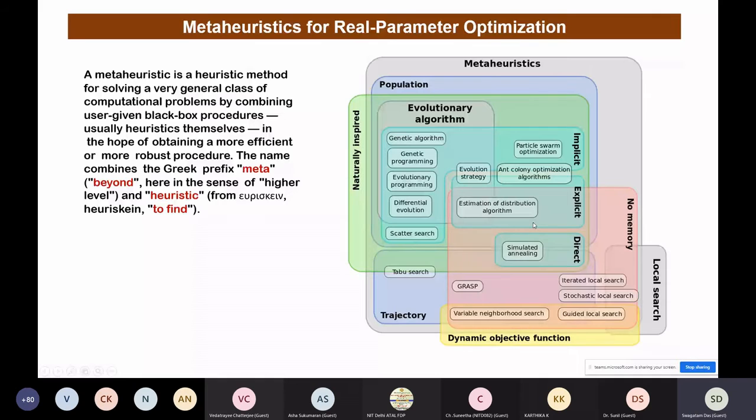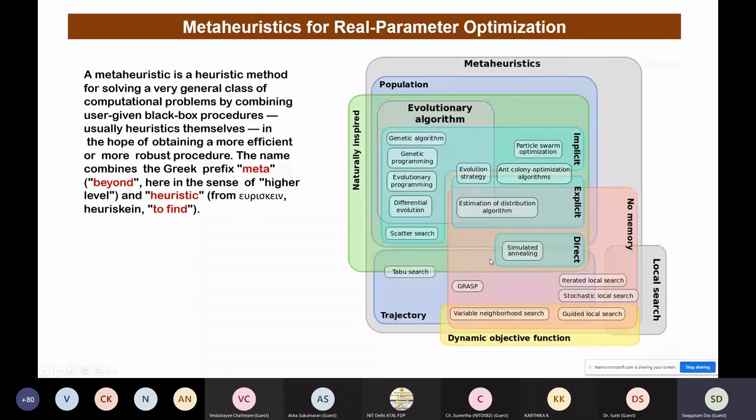These are different types of methods. Population-based methods are here. Local search methods are usually applied to an individual, just one single solution which is locally iterated. That's why that doesn't fall into population-based methods, but they can have some overlap. In the overlap we have estimation of distribution algorithm and so on.